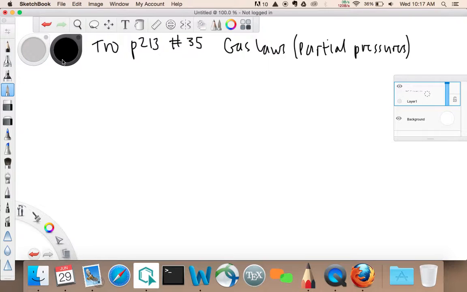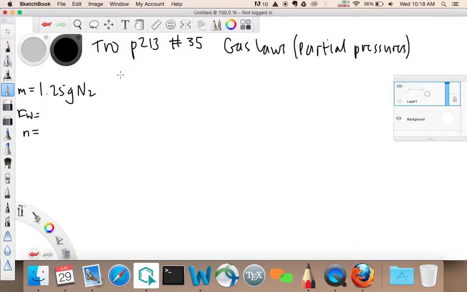A gas mixture contains 1.25 grams of N2, and so this is a mass, formula weight, in moles. I do this as a habit, right?